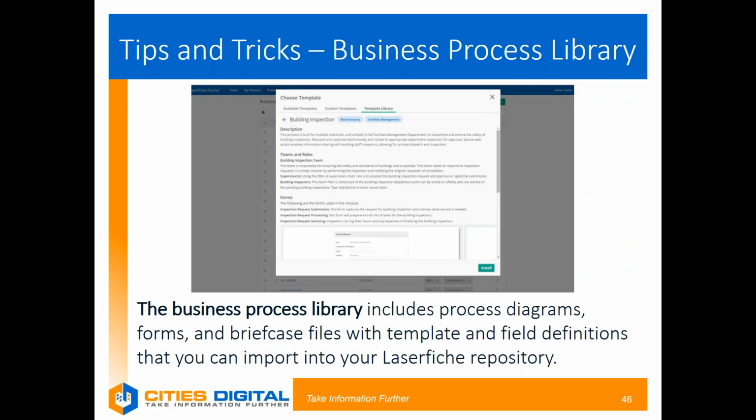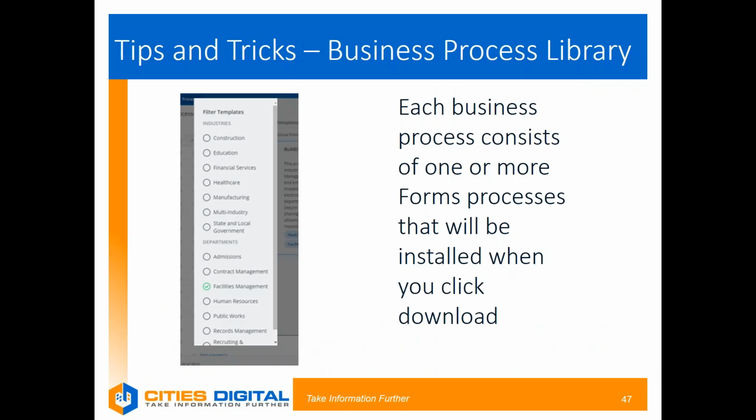So the way you access this is just directly from Forms. There's about 40 plus right now, and they're adding different ones all the time. And there are diagrams, briefcases and forms, and template and field definitions, and you just download those right into your repository. Each business process consists of one or more forms that will be installed when you click download.